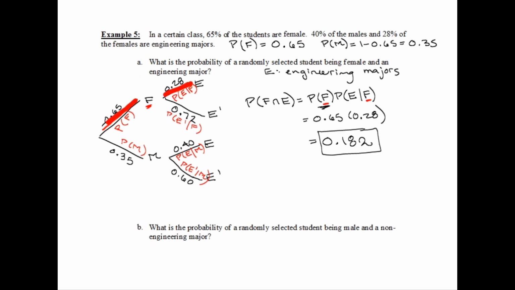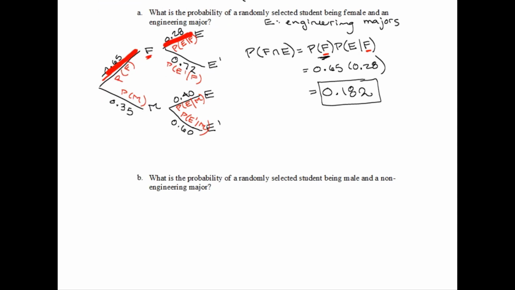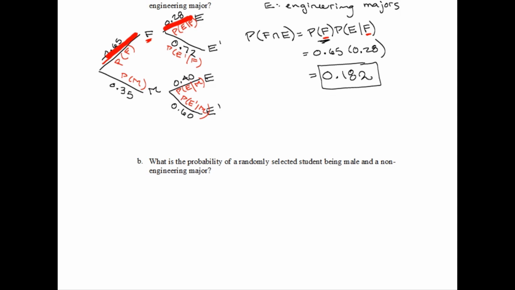Let's do another one. Let's use the same tree, but this time let's look at the probability of a randomly selected student being both a male and a non-engineering major. Okay, so this time we want the probability of M intersect E complement.